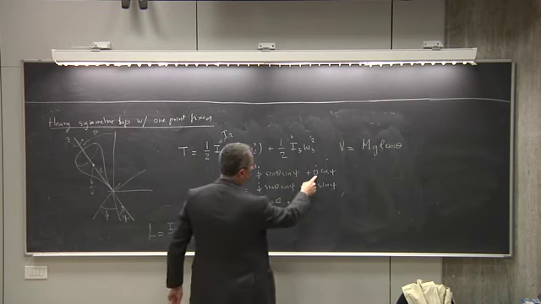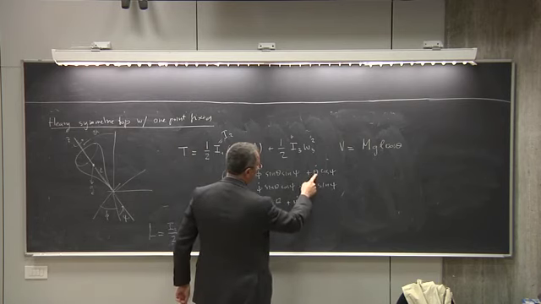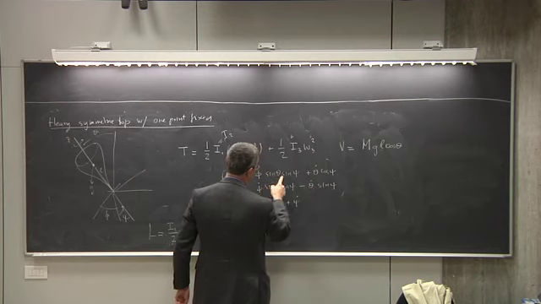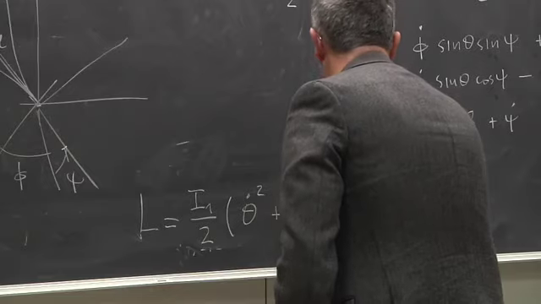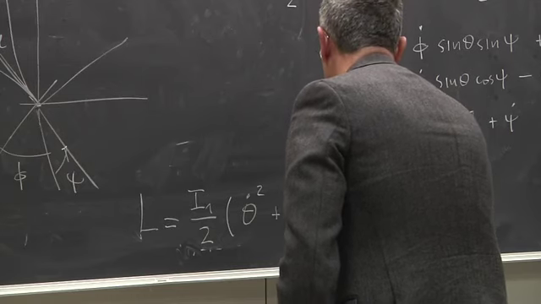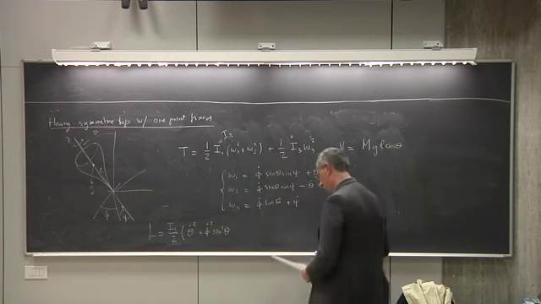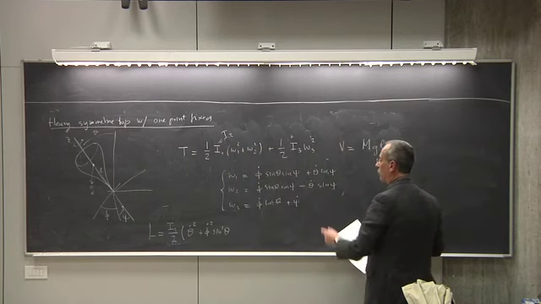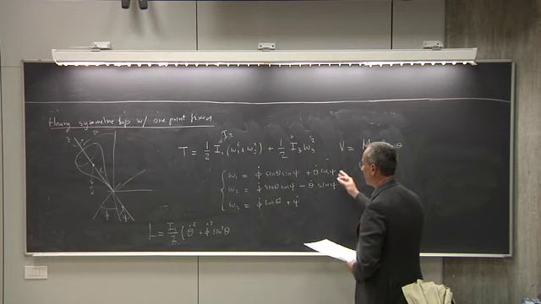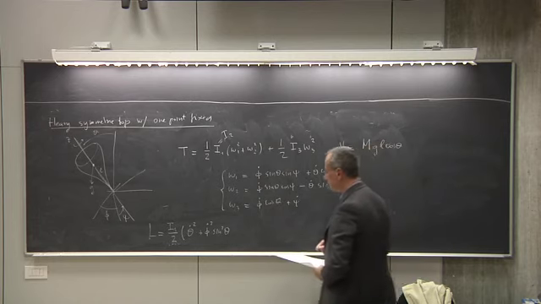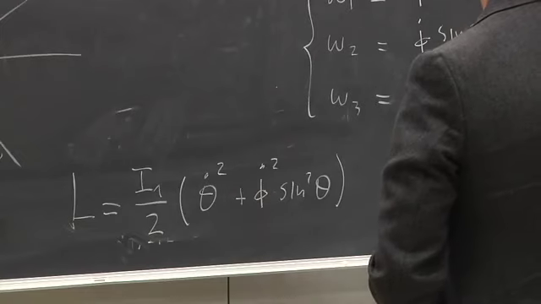So from this, the square of these two, I sum, I get theta dot square, right? Then I square these two, and you see that I get plus phi dot square sine square theta. Then these two sum to 1, and then the cross product simplifies because it's the same. Okay, good. So it's not that bad.